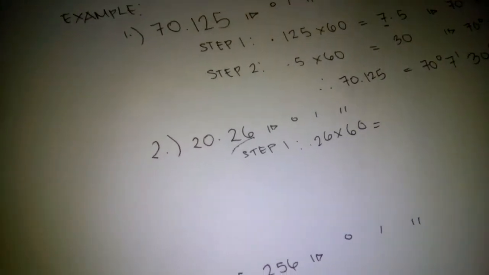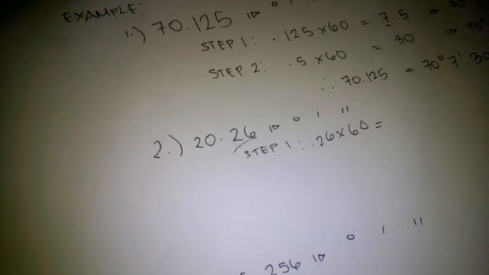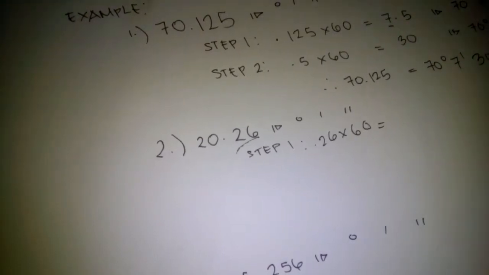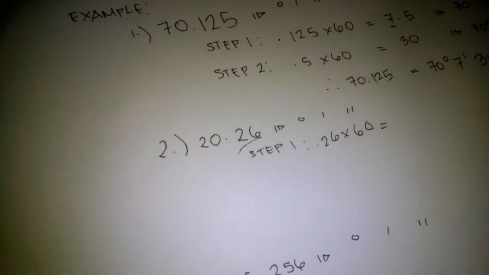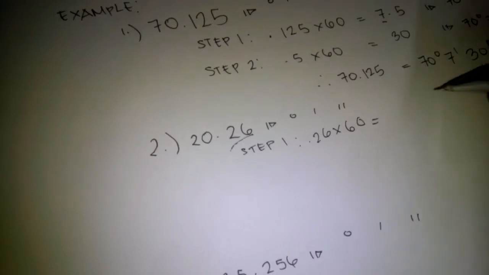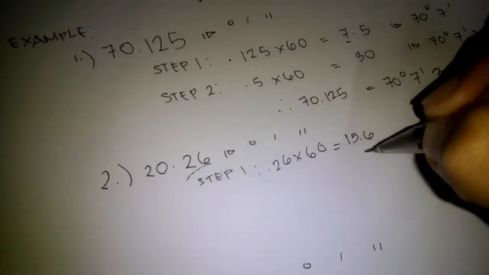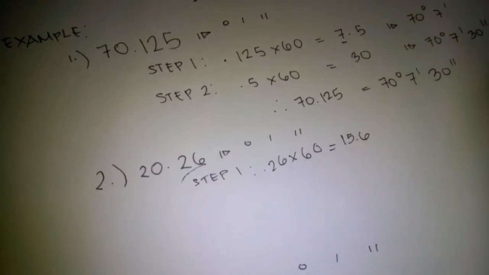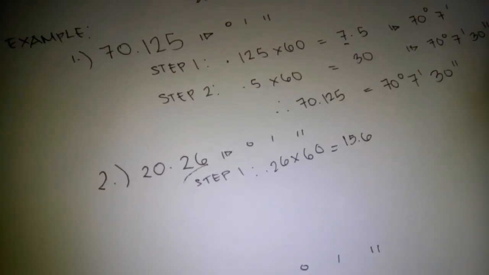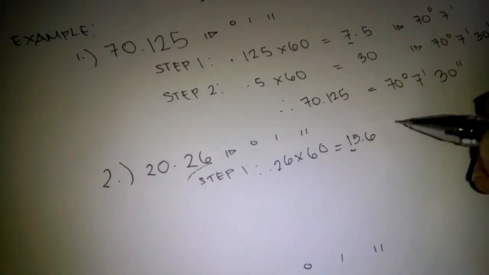So the calculator will do the math. 0.26 or 26 hundredths multiplied by 60 is equal to 15 and 6 tenths. So, for us to get the minutes, we will only copy the whole number.